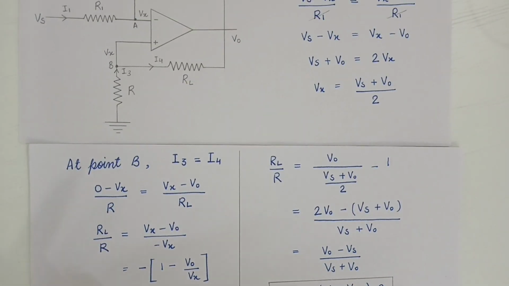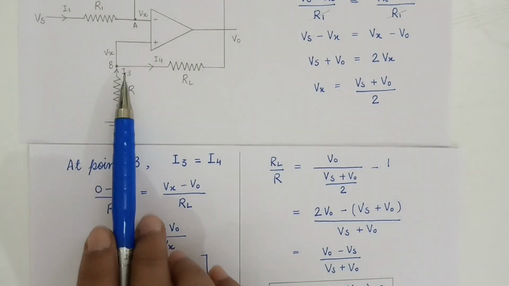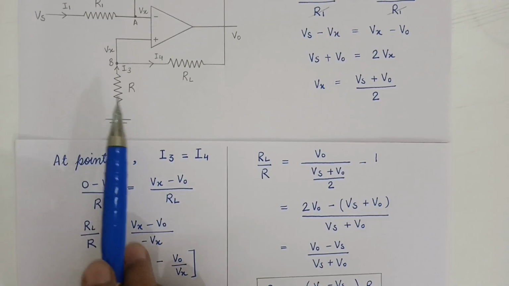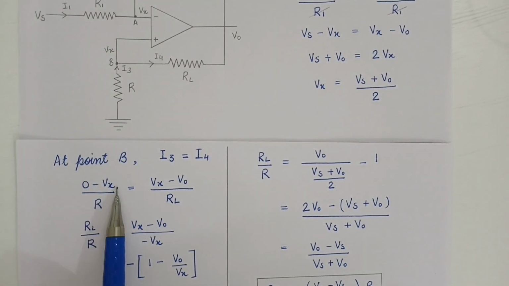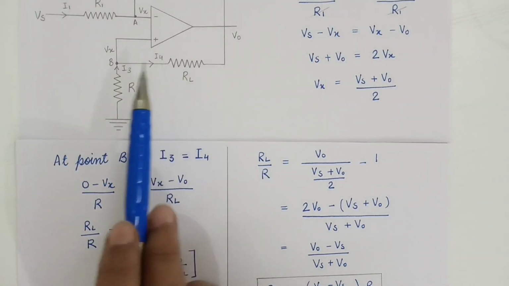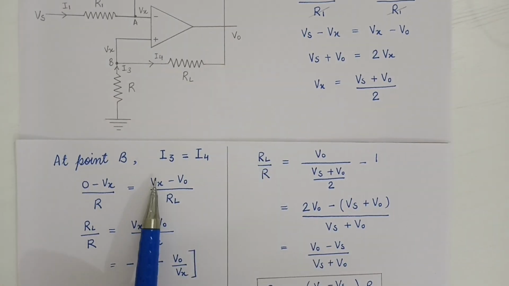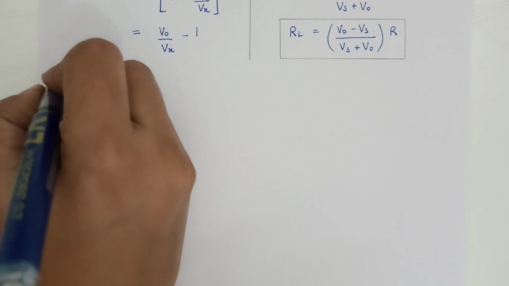As you can see here at point B, for I, we have taken 0 minus Vx because the current is flowing from 0 volt to Vx. So 0 minus Vx. And for I4, the current is flowing from Vx to V0. We have to write Vx first, then V0. Now moving to the next question.